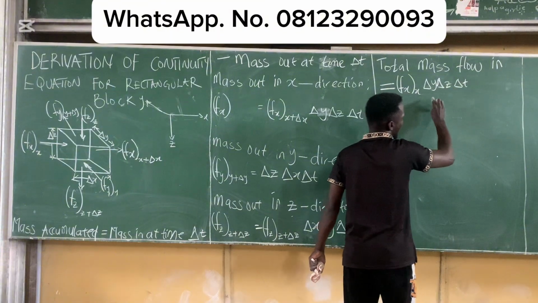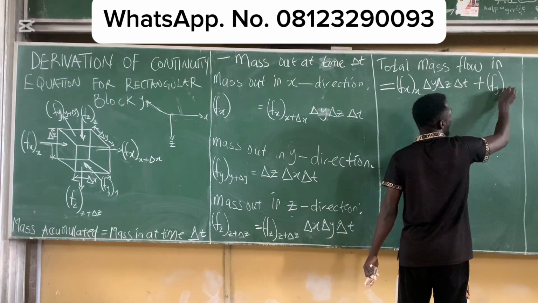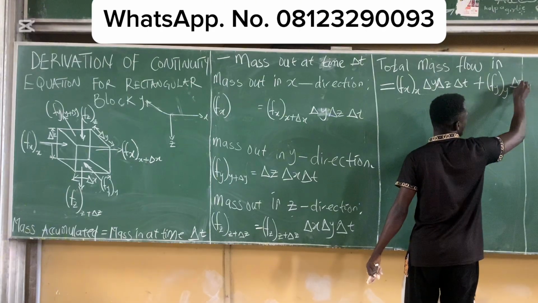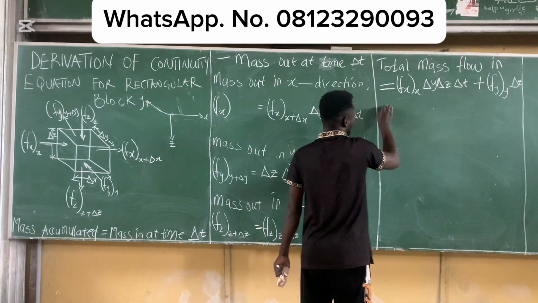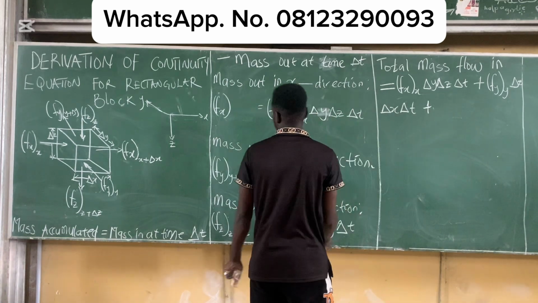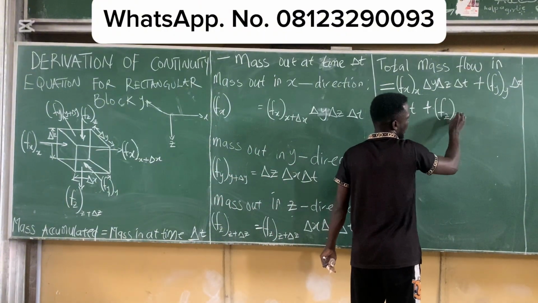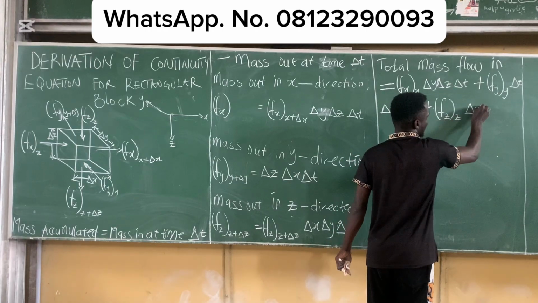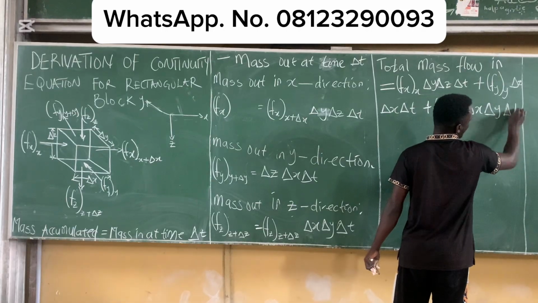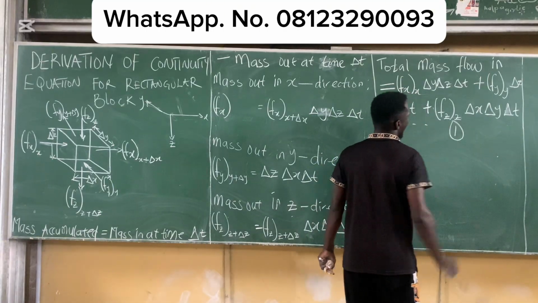This one now is just for the x, then plus F of y at y multiplied by the area, which is z and x times delta t, plus, considering the coordinate of z, it becomes F of z at z times the area, delta x, delta y at time t. We have this. So let's call this our equation 1.